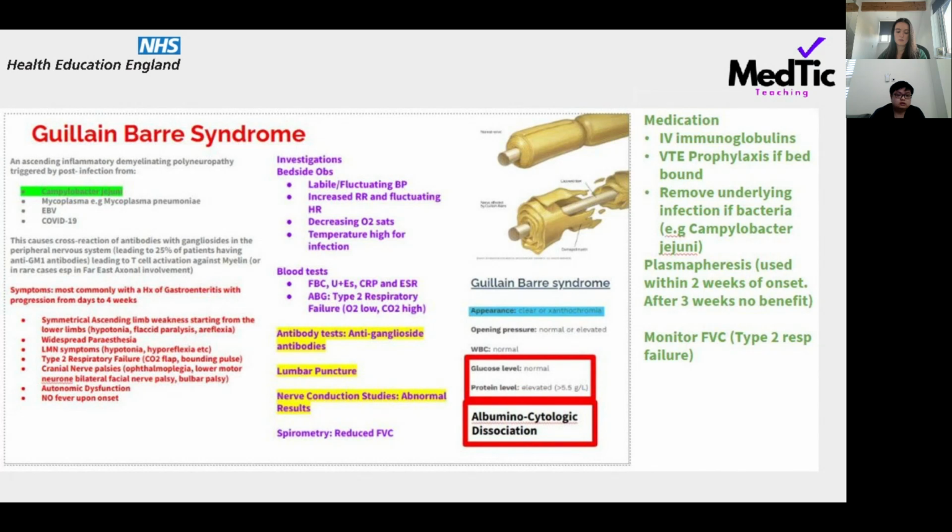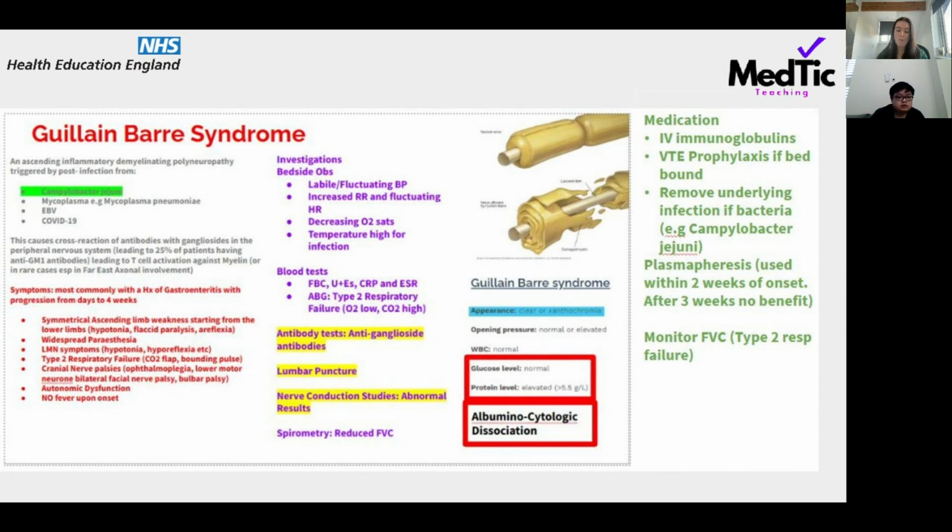This is mainly triggered by infection, most commonly Campylobacter jejuni, which is related to food poisoning, but can be triggered by Mycoplasma pneumoniae, Epstein-Barr virus, and recently COVID-19 has also been found to trigger Guillain-Barré syndrome. There are quite a couple of case reports you can find in various journals reporting this as well. When an infection like this triggers it, your body produces autoantibodies called anti-gangliosides, and these break down the myelin sheath, as I mentioned earlier.